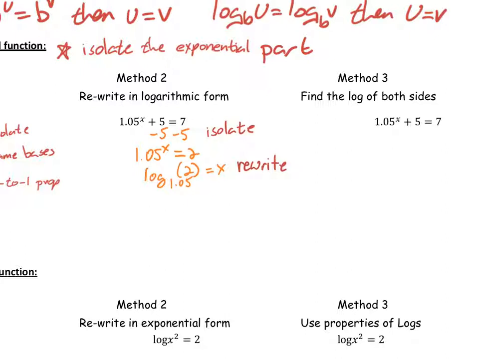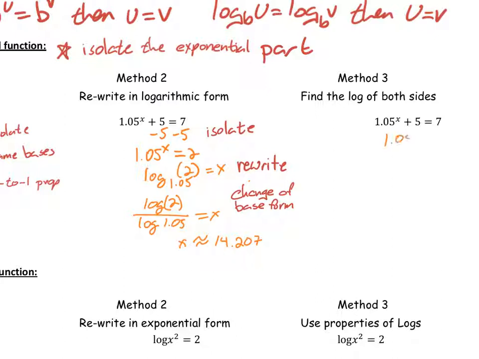And then lastly, well, how am I going to solve this? I'm going to have to use a change of base formula. So I'm going to end up with log base 10 of 2 and log base 10 of 1.05, and then I'm going to grab my calculator and find out what that is. And I'm getting the approximate answer, so I'll do my little squigglies here, 14.207.